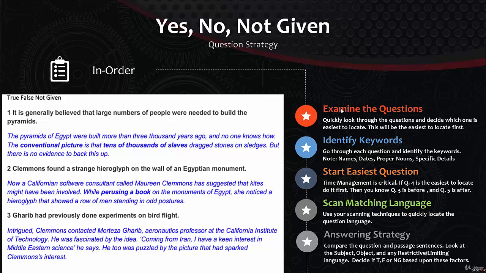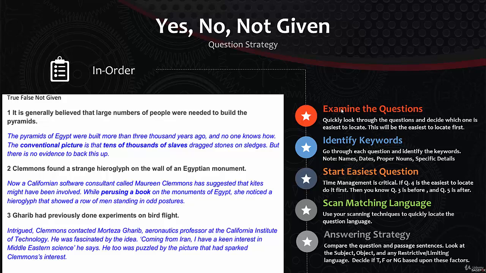And then for the second one, it says Clemens found a strange hieroglyph on the wall of an Egyptian monument. Now it says, a California software consultant named Maureen Clemens has suggested that kites might have been involved. While perusing a book on the monuments of Egypt, she noticed a hieroglyph that showed a row of men standing in odd postures.